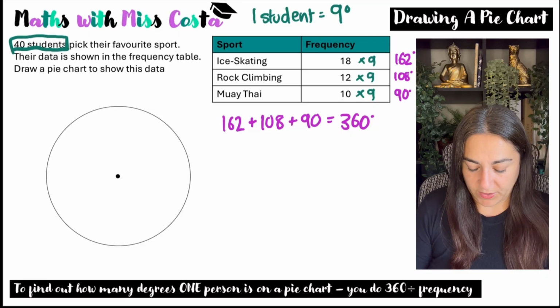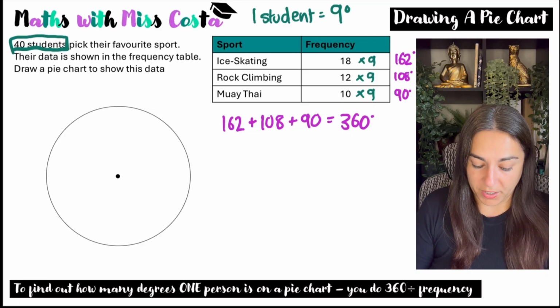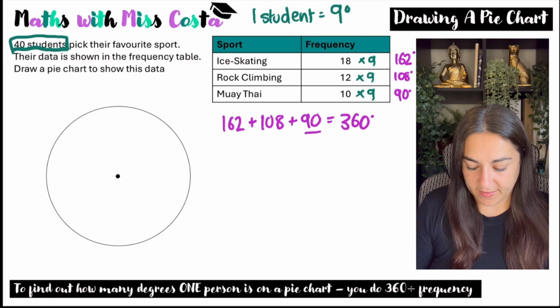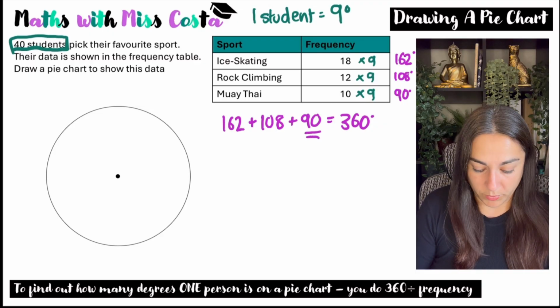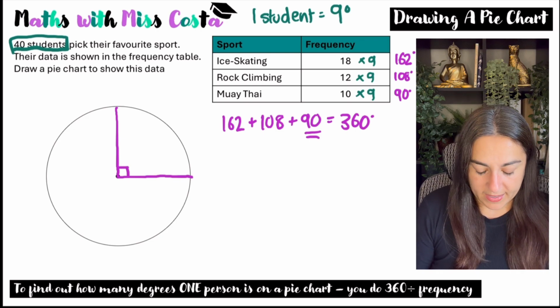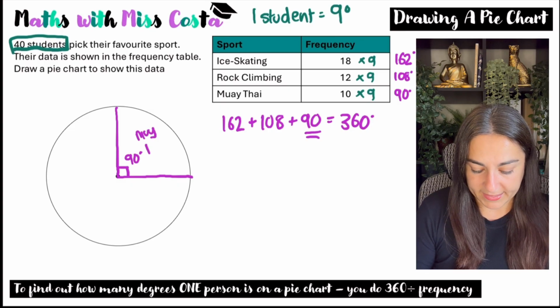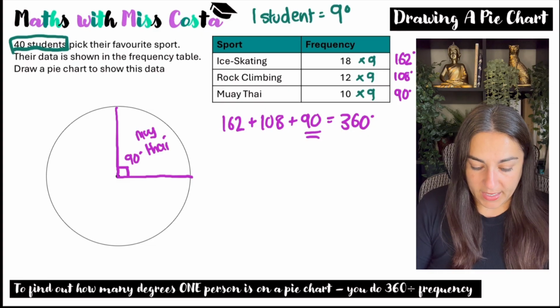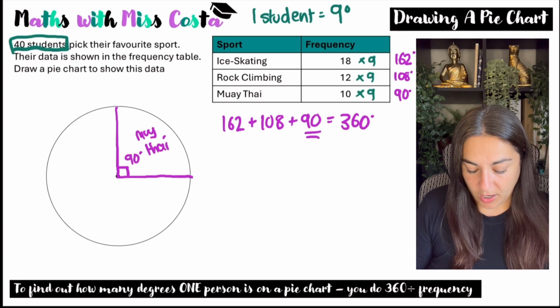So the next thing we do is to actually draw this on our pie chart. The first angle that I'm going to do is 90 degrees for Muay Thai, because that's really easy. That's just going to be a right angle. So I'm going to draw that here. I'm going to label it as 90 degrees, and then I'm going to write inside what that represents. So that's Muay Thai. Then I'm going to do 108 degrees.